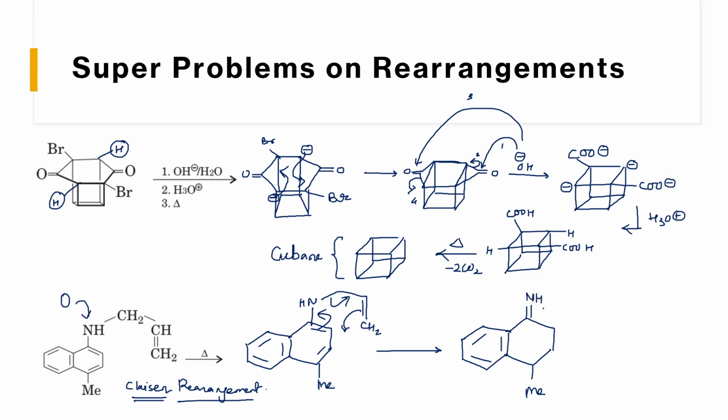Double bond NH H CH2 CH2 CH double bond CH2, and then it will undergo tautomerization.